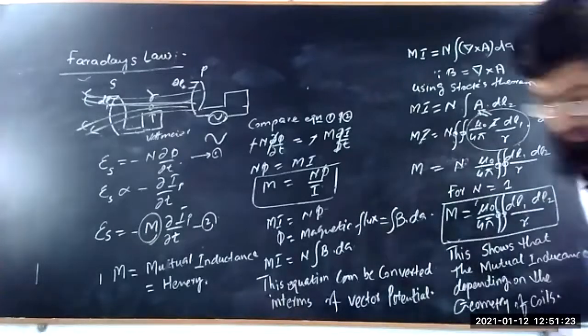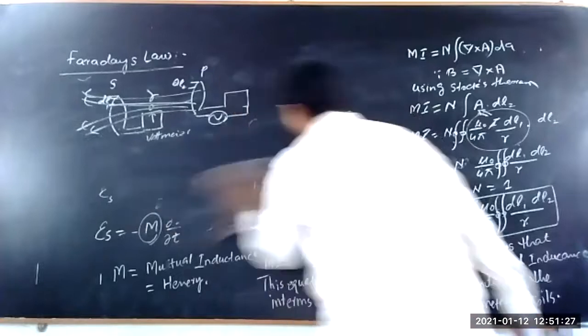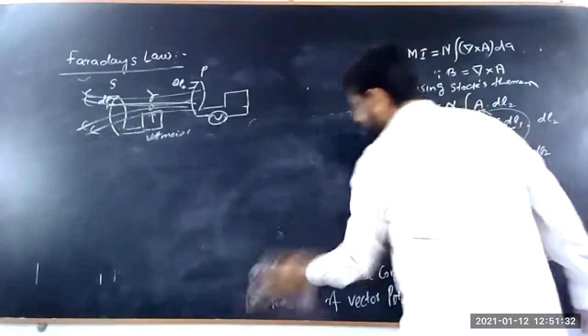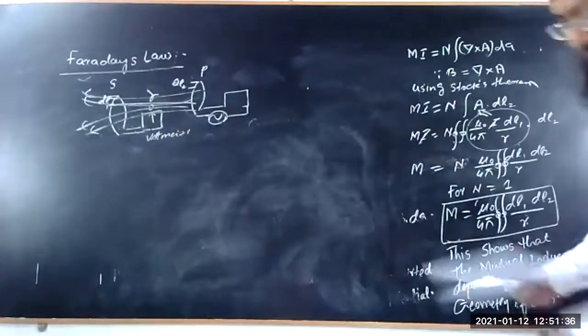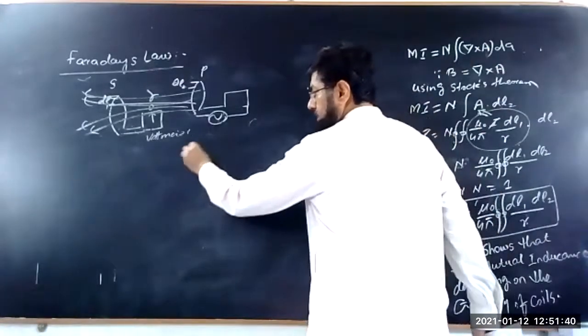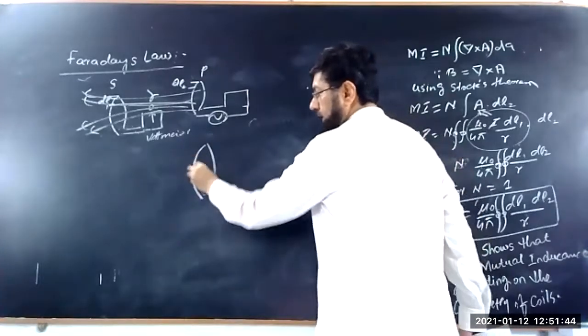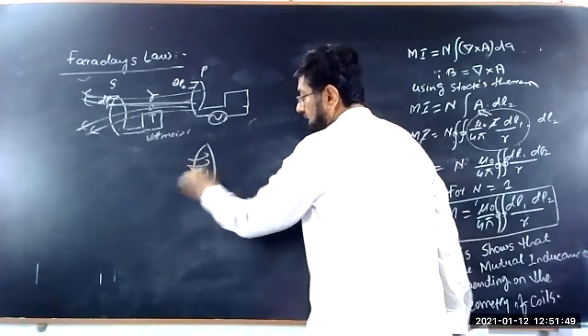So now instead of two coils, if we have a single coil here, this is the coil and the current is flowing in it, it will generate a magnetic flux through it.